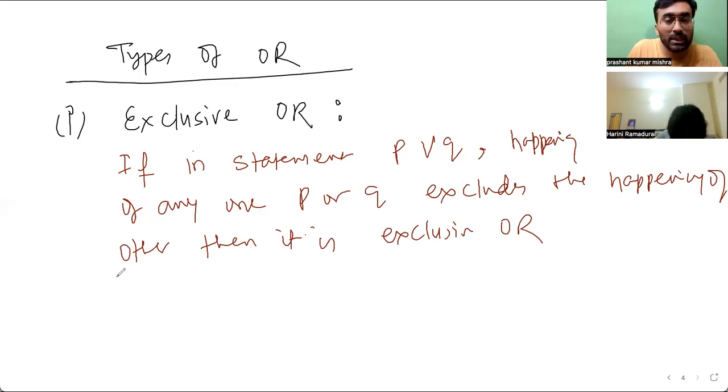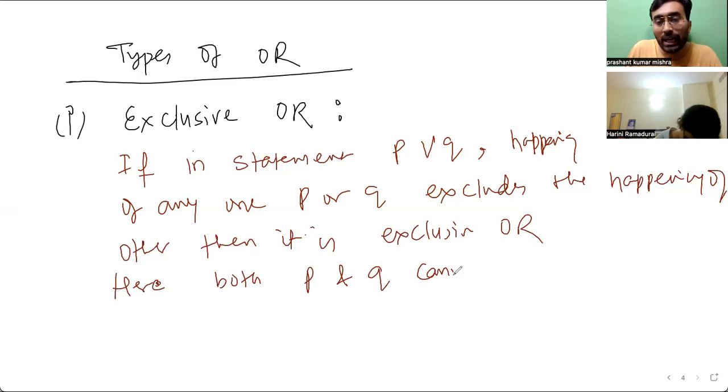So that means that here both P and Q cannot occur together. P and Q cannot occur together.